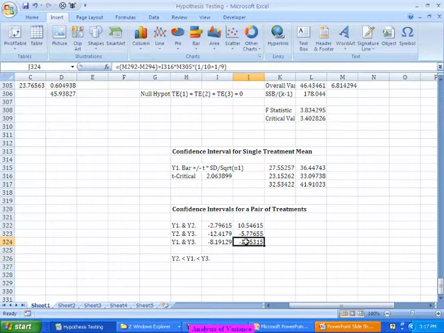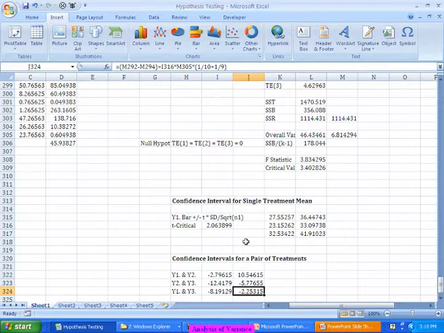Right, let me just check out the difference plus 2.06 times this value, yeah, so that is a kind of a significant difference that is existing.